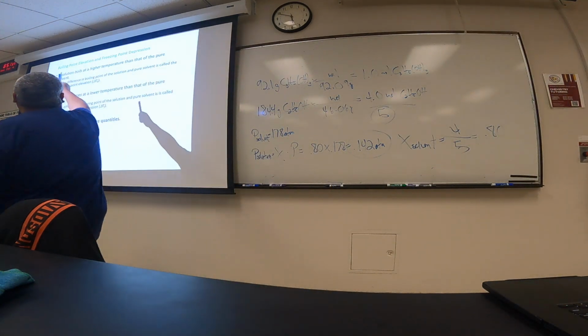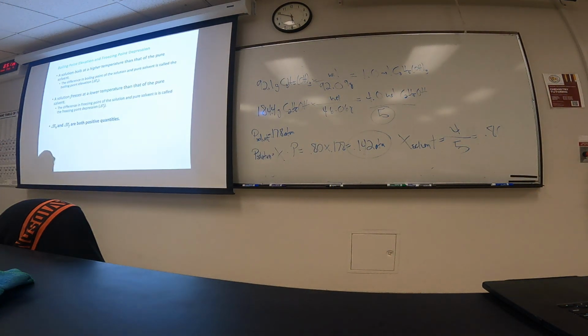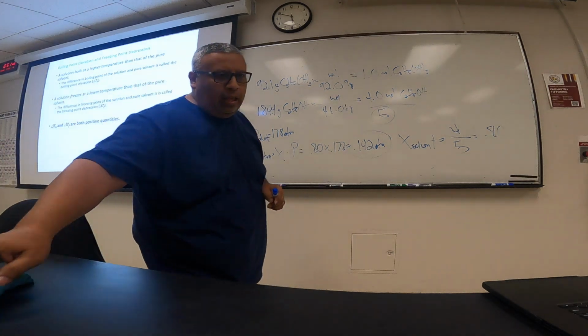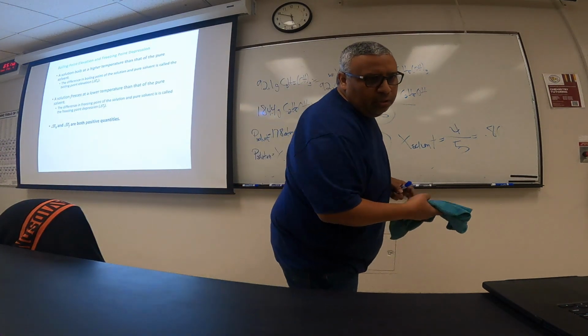Now, in order to understand boiling point elevation and freezing point depression, again, these are colligative properties of these solutions. So a solution will boil higher. I have another figure that I want us to look at.